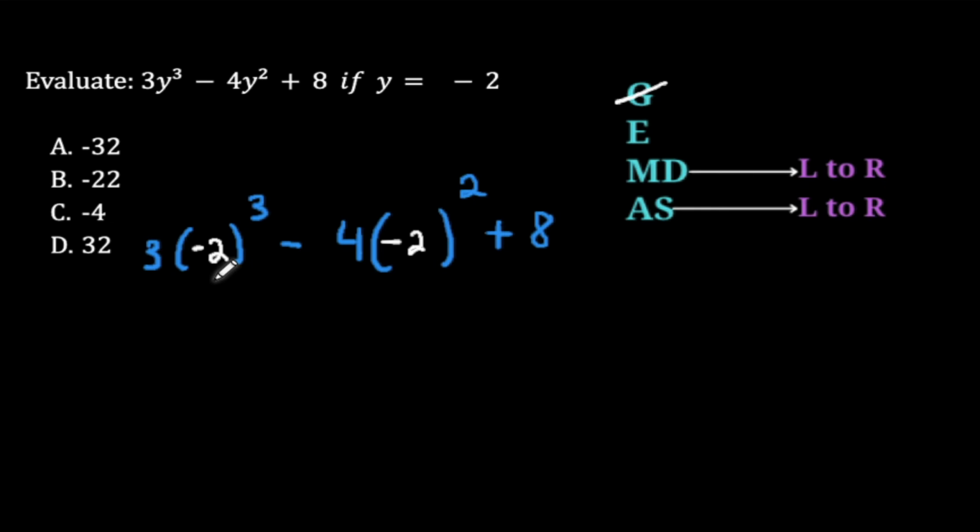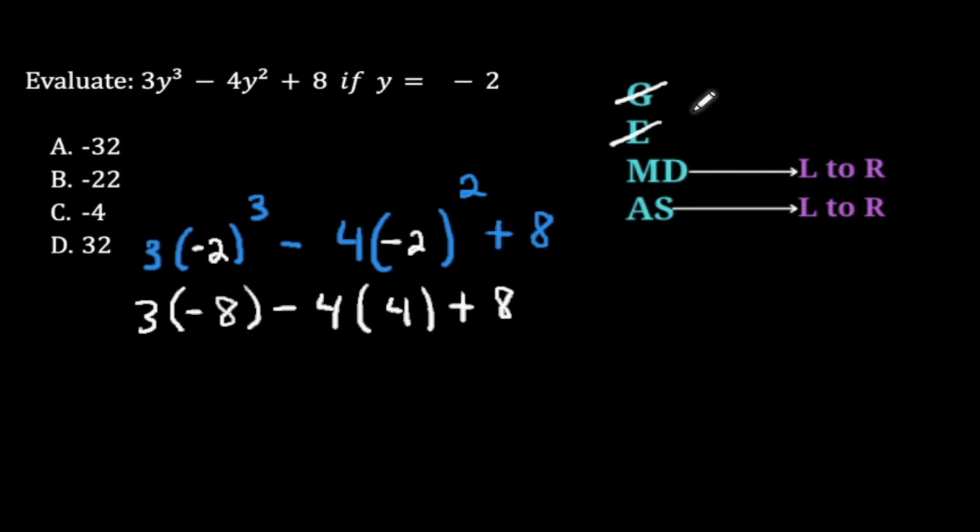All right, because we're taking a negative number and raising it to the power of 3, and this power of 3, like I said, is odd. So this is 3 times negative 8 minus 4 times, and then we have this negative 2 raised to the power of 2, so this is even powered exponent. So that means the result is positive. So negative 2 times negative 2 is positive 4. Bring down your plus 8.